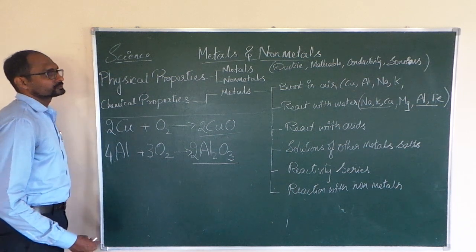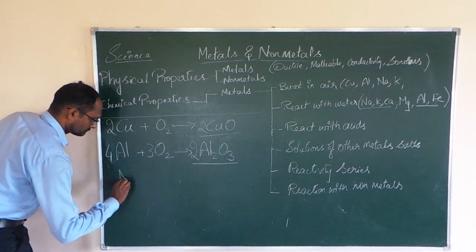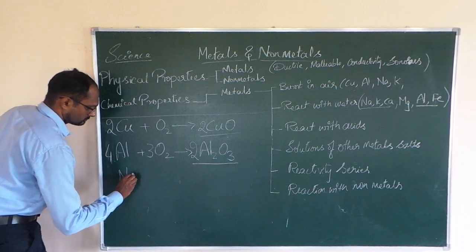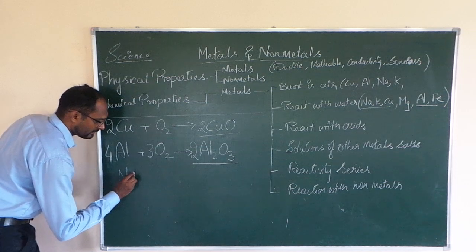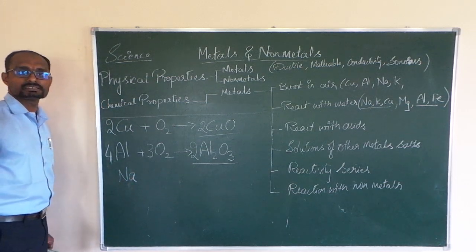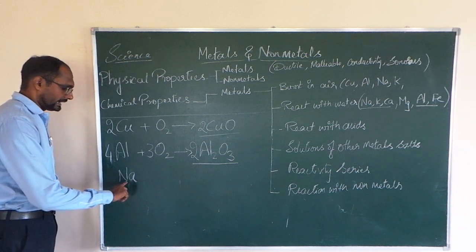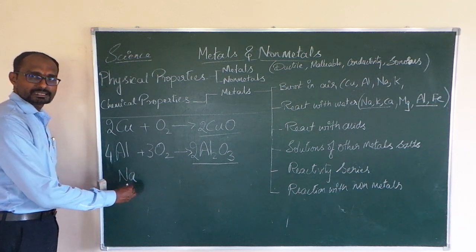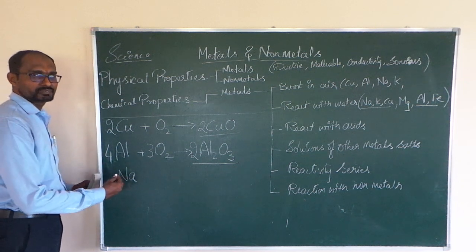Now coming to the next metal, sodium. Please remember, when we are writing the symbol of an element, no cursive handwriting, it should be block letters. You cannot join one alphabet with the other.